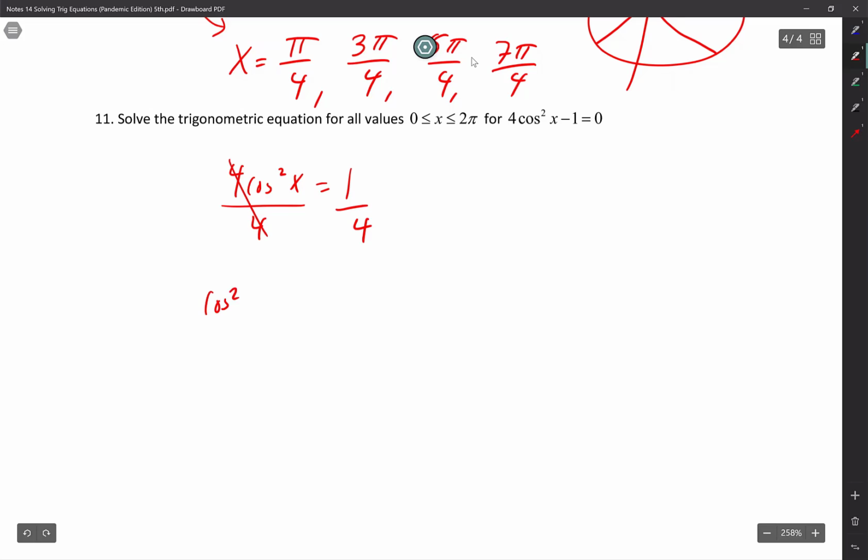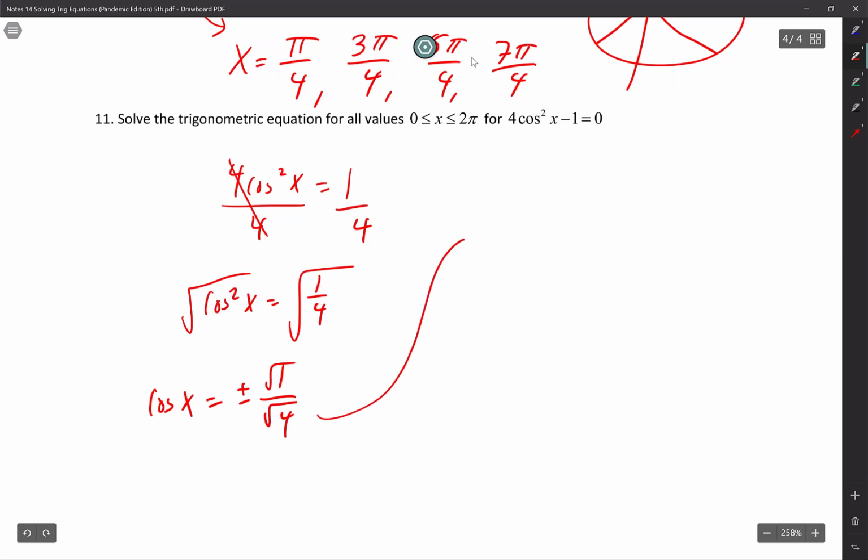So now we have cosine squared x equals 1/4. Next, we want to get rid of the square, so we're going to do square root. Cosine x equals plus minus square root of 1 over square root of 4. So cosine x equals plus minus a half.